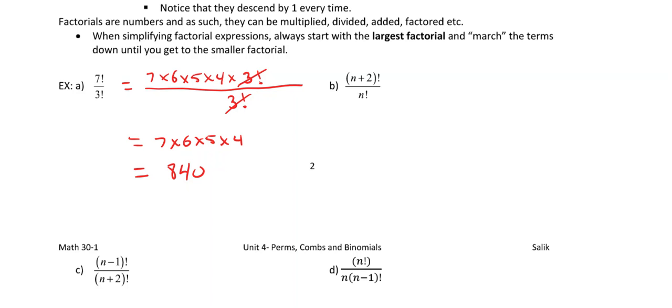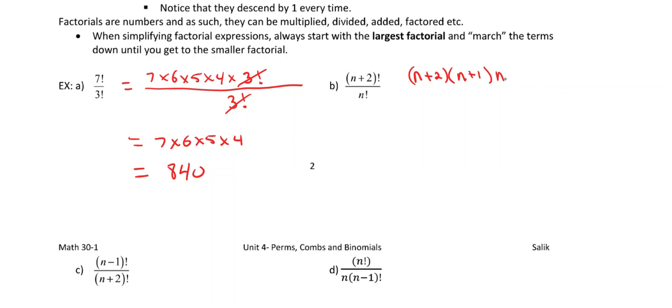All right, let's do one with a variable in it. In this one, we're going to follow the same pattern. We'll start with n plus 2, and then always ask yourself, what's 1 less than n plus 2, or whatever you're dealing with? That would be n plus 1. The next one would be n, and then you'd keep going. What I'm going to do is call the rest n factorial.